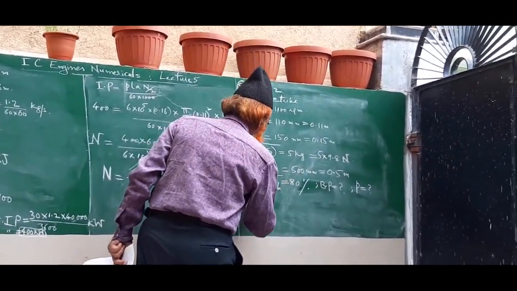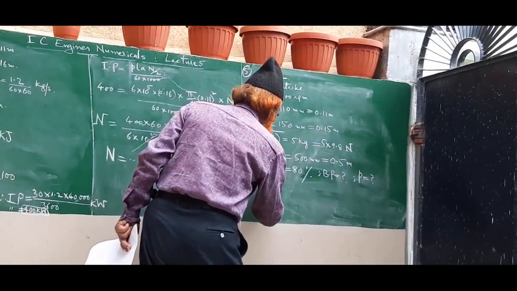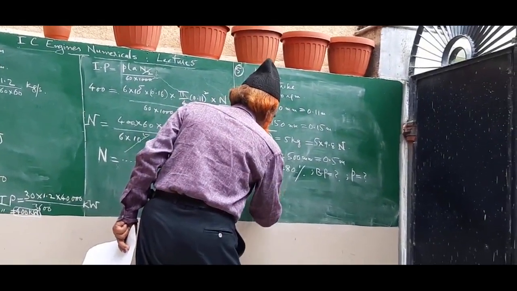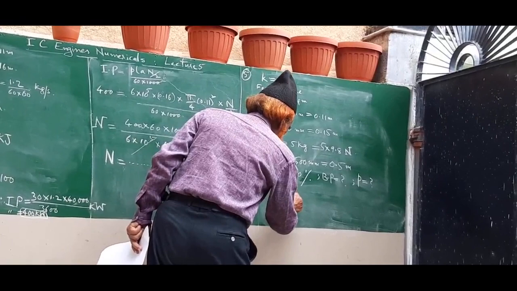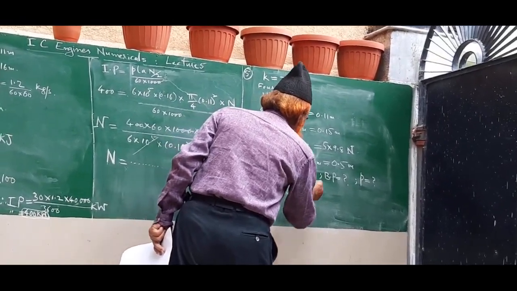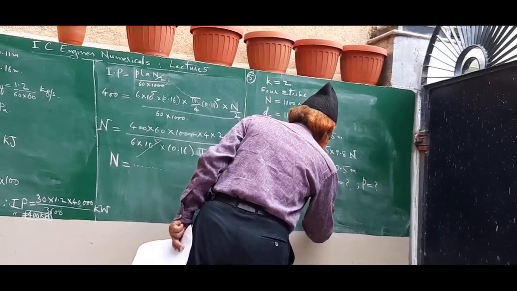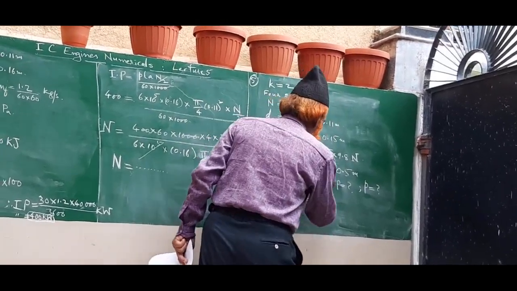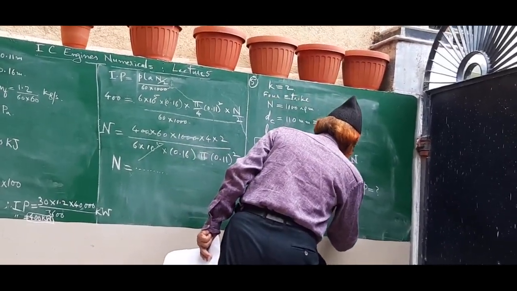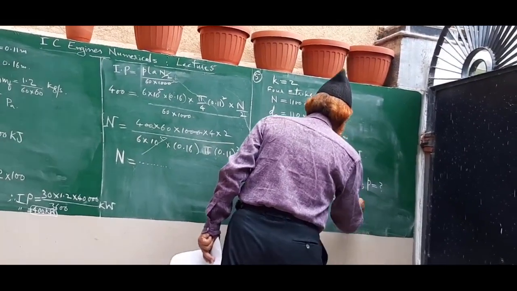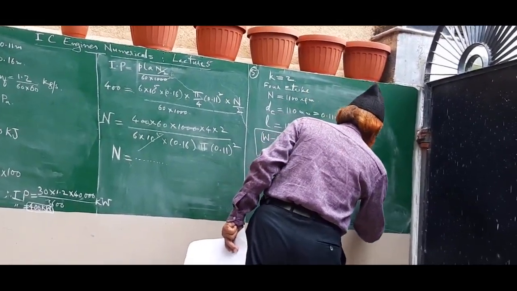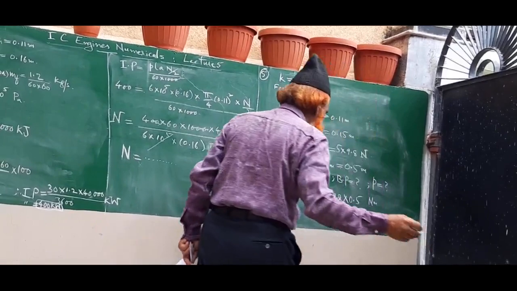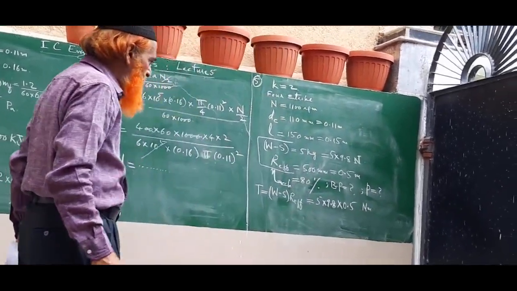Torque is equal to W minus S into R effective. Therefore W minus S is 5 into 9.8 multiplied by R effective 0.5. How much will it become? So many Newton meter you are getting. Tell me, this is the torque.